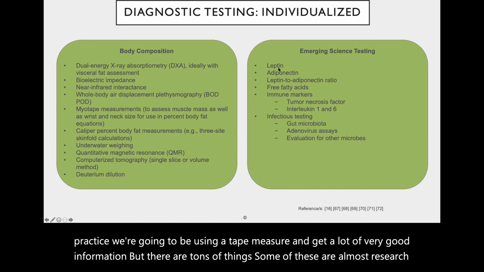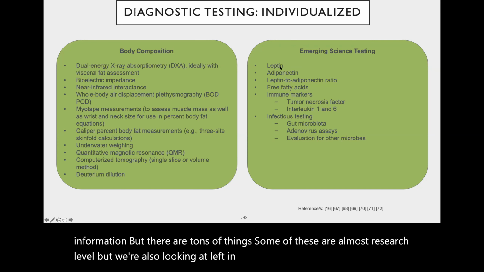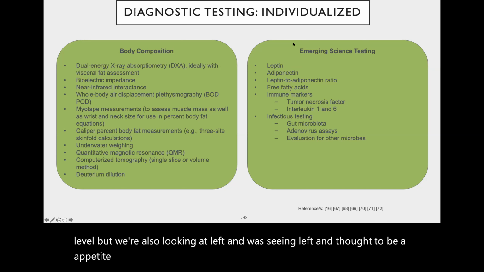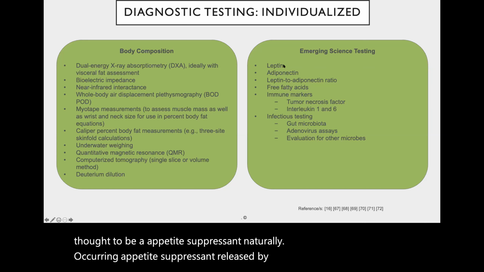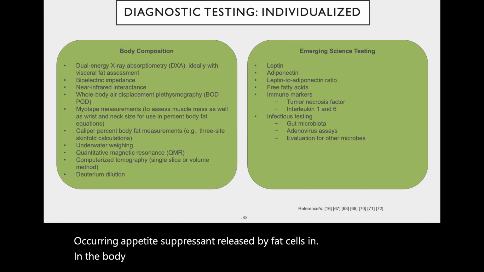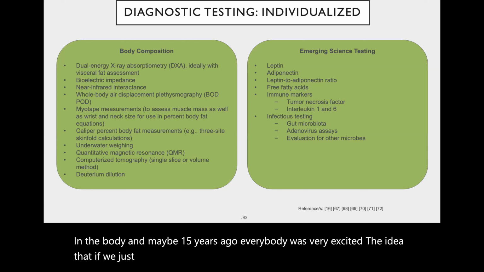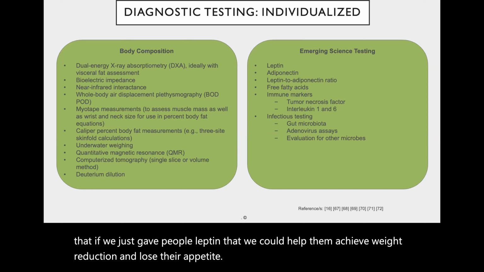But we're also looking at leptin. Leptin's thought to be a naturally occurring appetite suppressant released by fat cells in the body. And maybe 15 years ago, everybody was very excited at the idea that if we just gave people leptin, we could help them achieve weight reduction and lose their appetite to a reasonable extent.